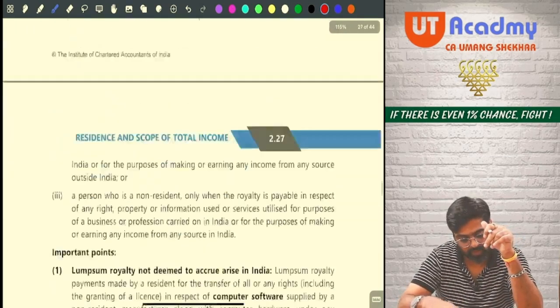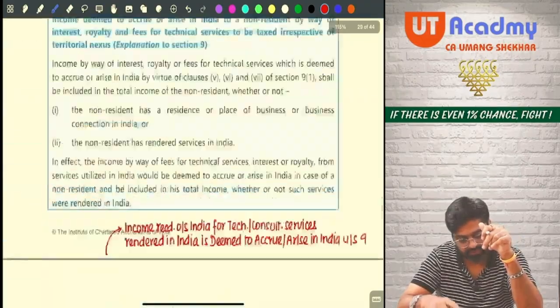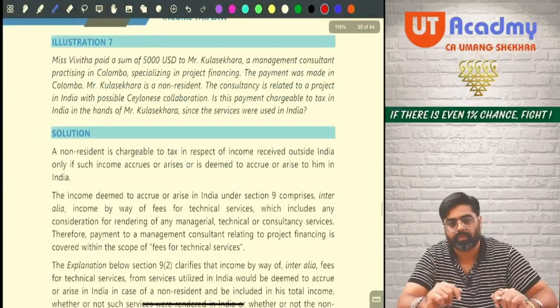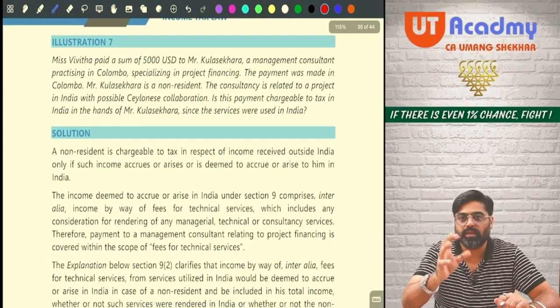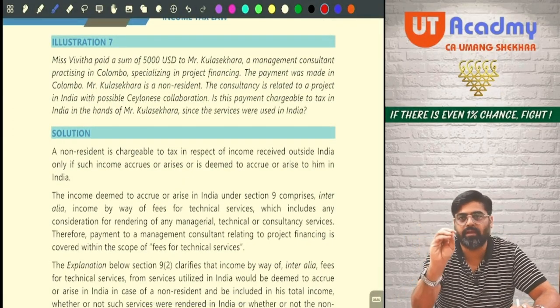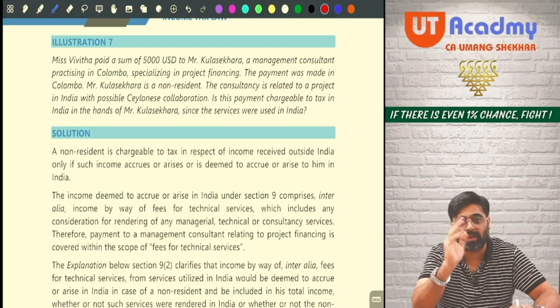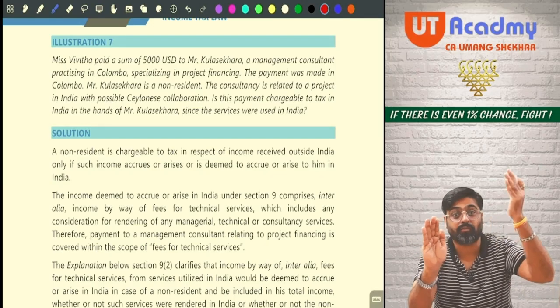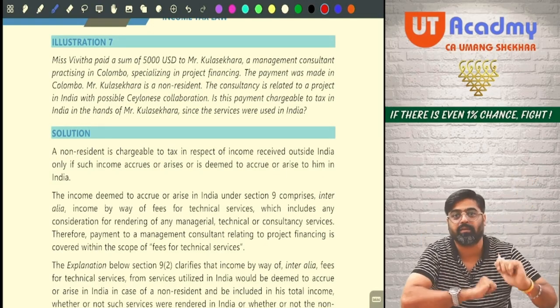Now let's come to our next illustration. The next illustration is 7th. See, these kinds of small illustrations, they will ask you in the exam for 2 marks, MCQs. Or it can be asked as a part of your main question as an adjustment.